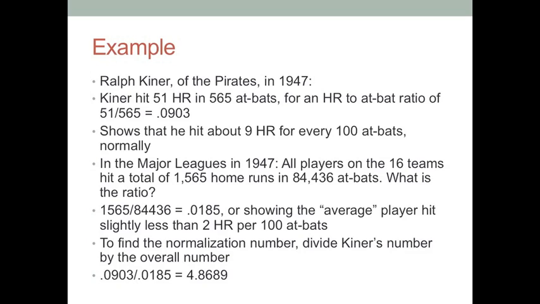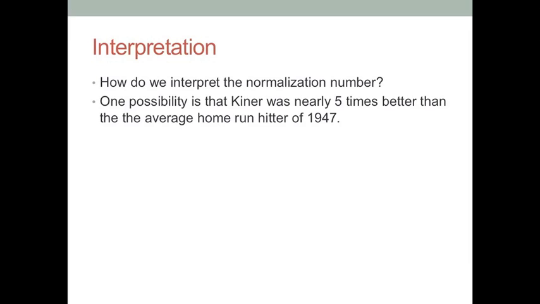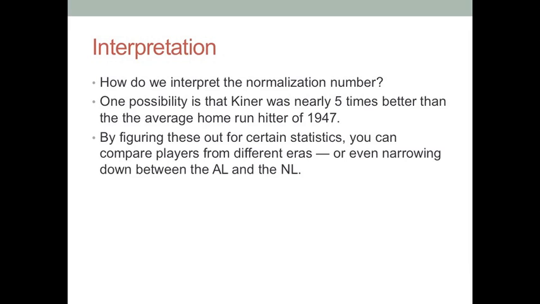So what does that number say? What can we learn from that? One possibility to take from it is Kiner was nearly 5 times better than the average home run hitter of 1947.